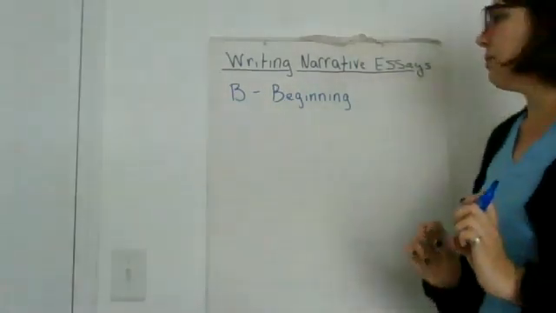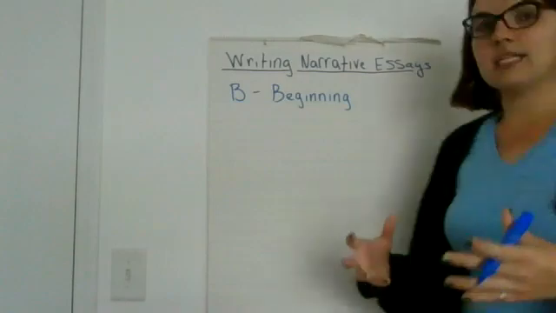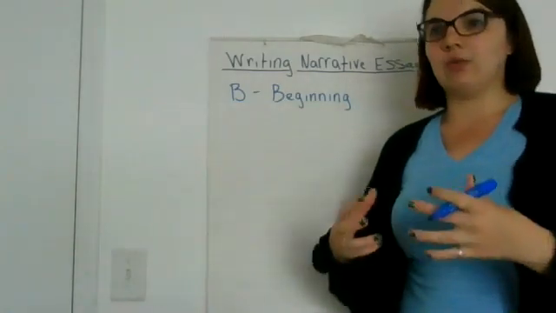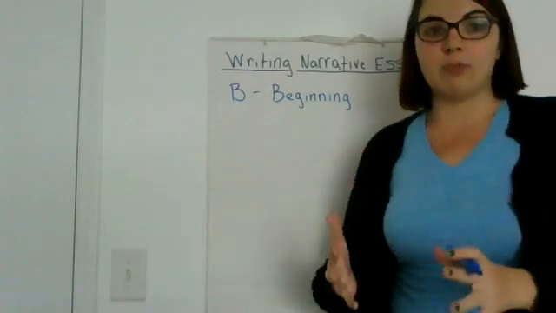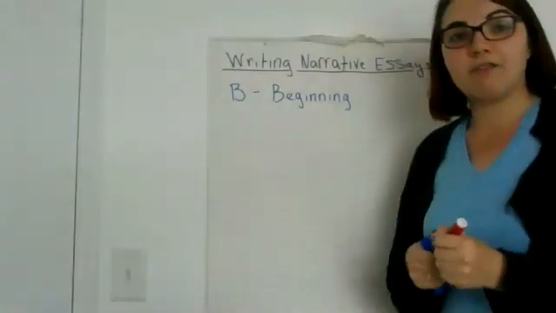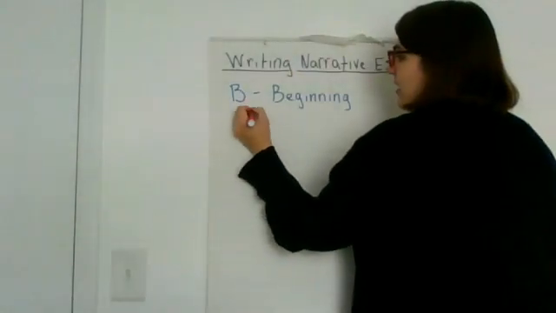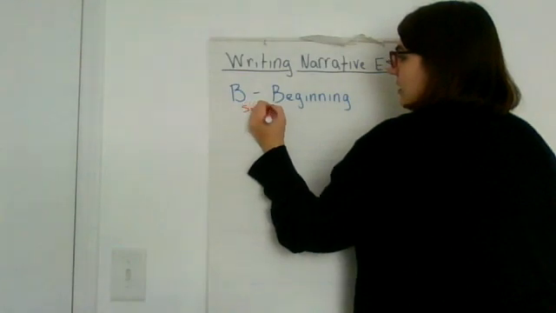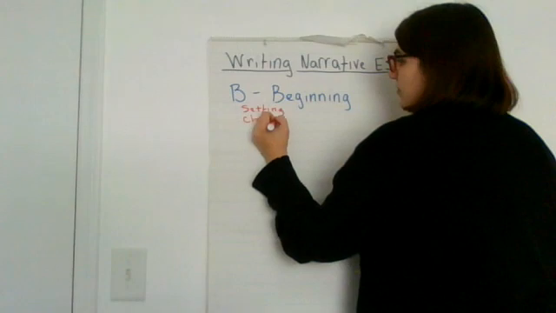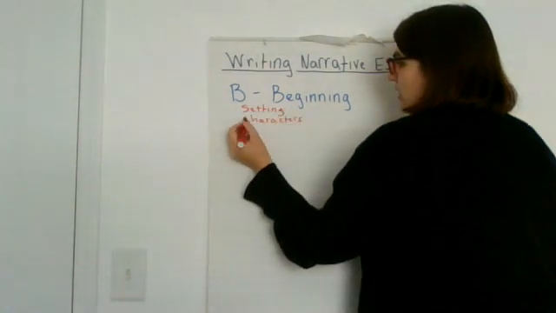Okay, so the beginning paragraph will tell the story setting, it will tell the character in the story, and it will give an idea of what the plot will be about. So in our beginning paragraph, we can have about 5 to 7 sentences, and we want to tell the setting, characters, and the plot.